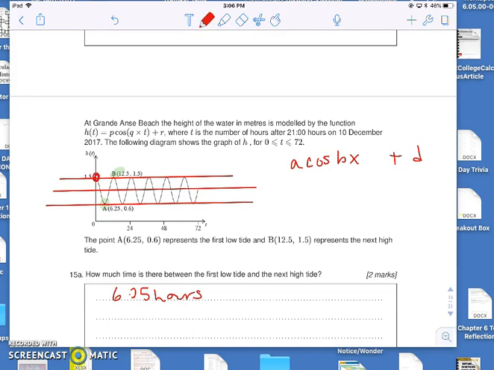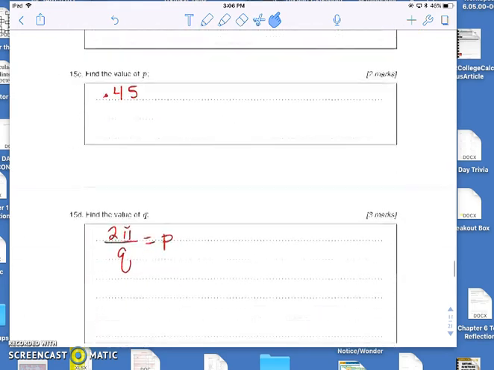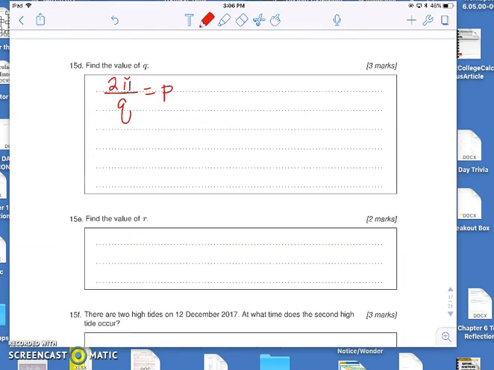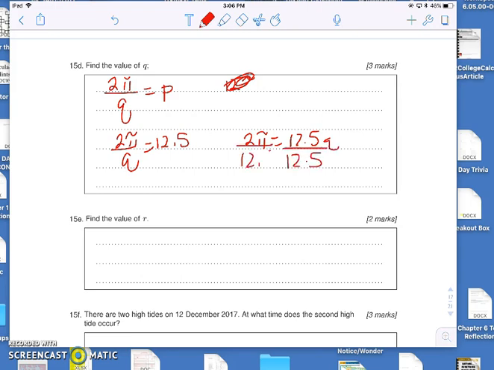So from here to here, well, that's 12.5. So we can rewrite this as 2 pi divided by Q equals 12.5. So 2 pi equals 12.5 Q, divided by 12.5. So 2 pi over 12.5 equals Q.